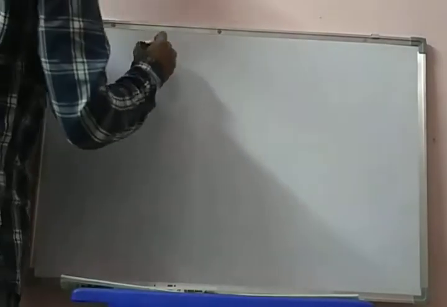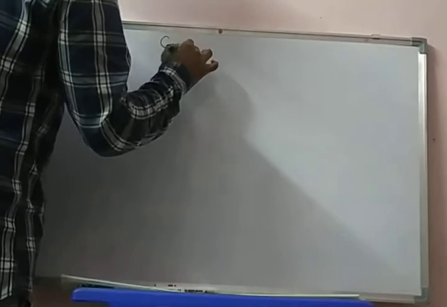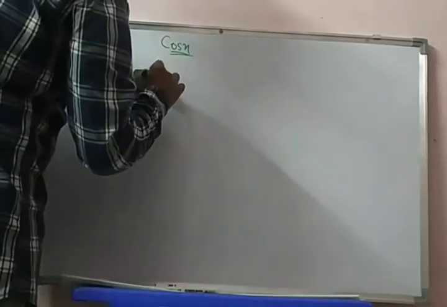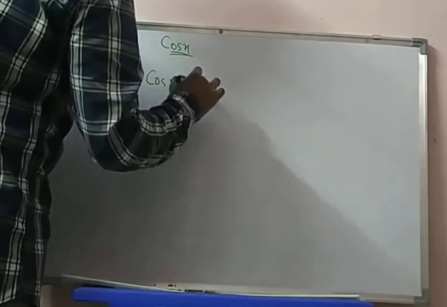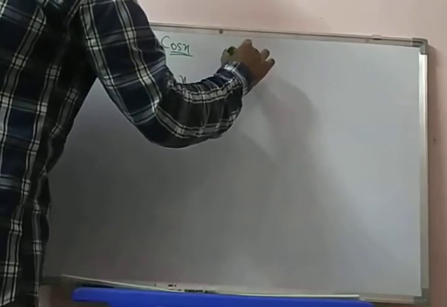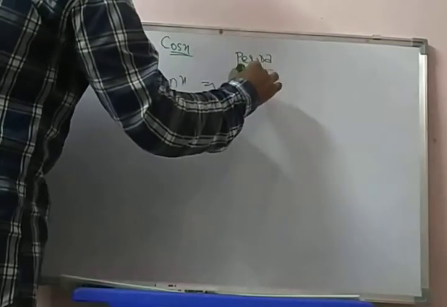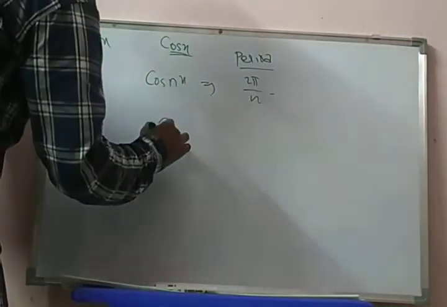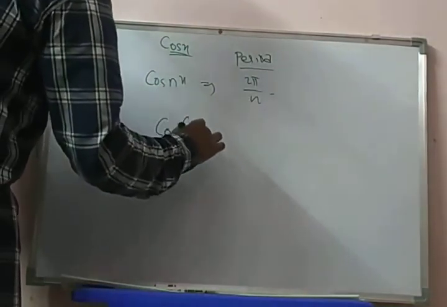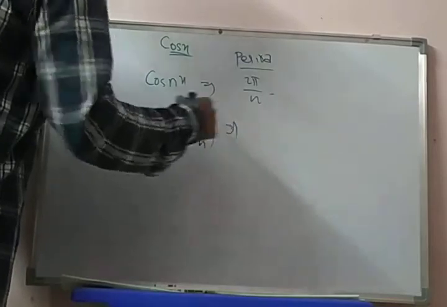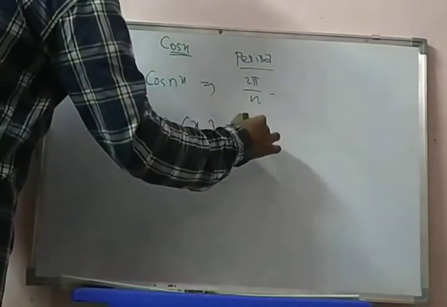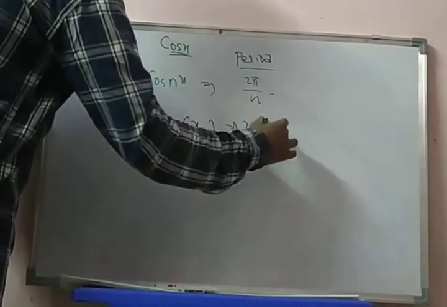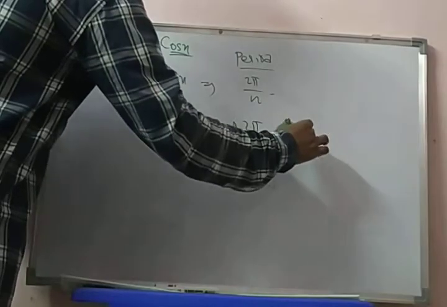Now we discuss cos x. For cos nx, the period is 2 pi by n, and for cos x by n, the period is 2 pi by 1 by n, which equals 2 pi n.